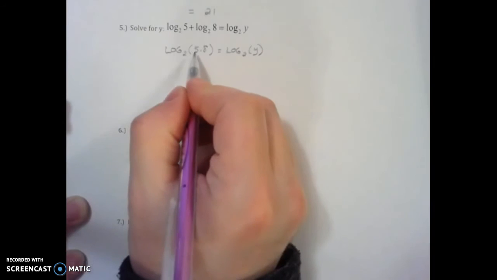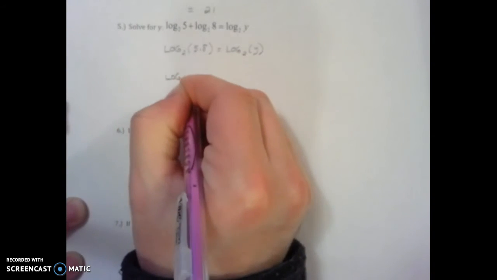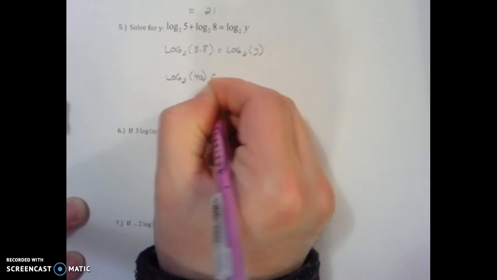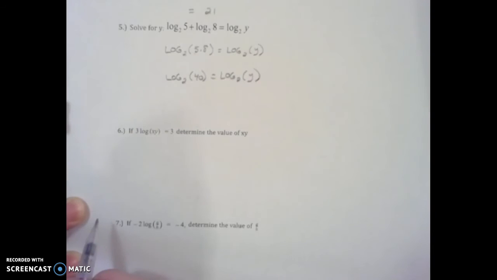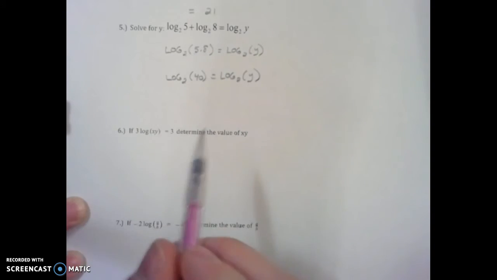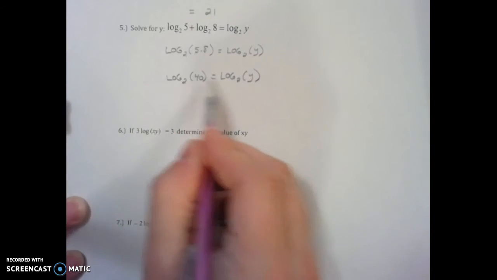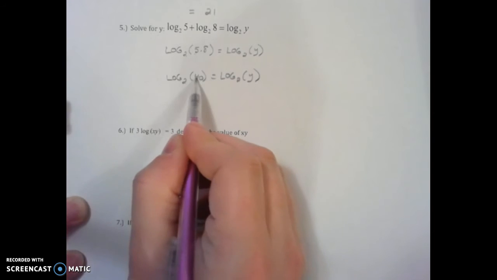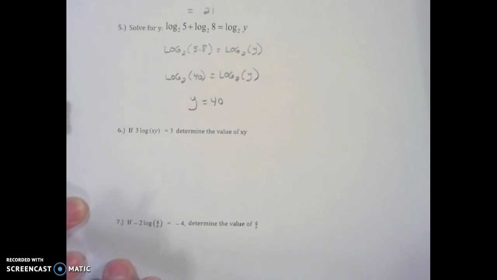Okay, and now evaluating here, 5 times 8 is 40. So log base 2 of 40 equals log base 2 of y. And since these two values have to be equal to each other, I have log base 2 of 40, log base 2 of y. That must mean that this value of y is 40. Y is equal to 40.